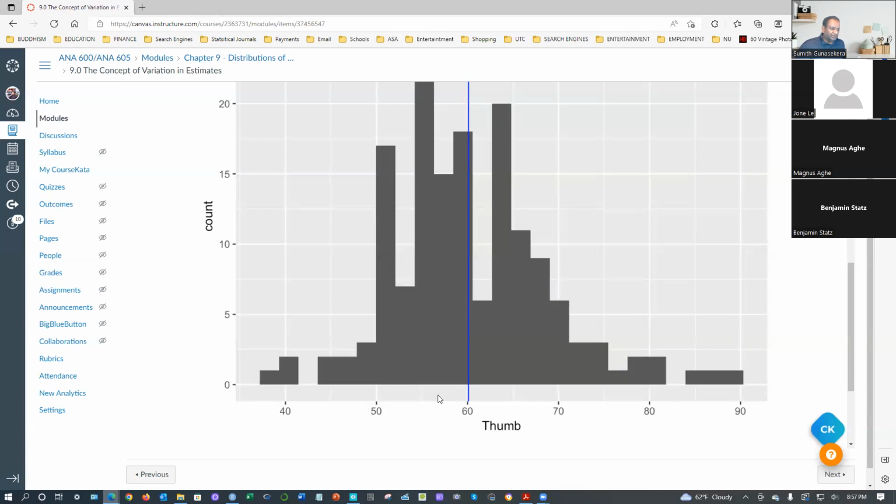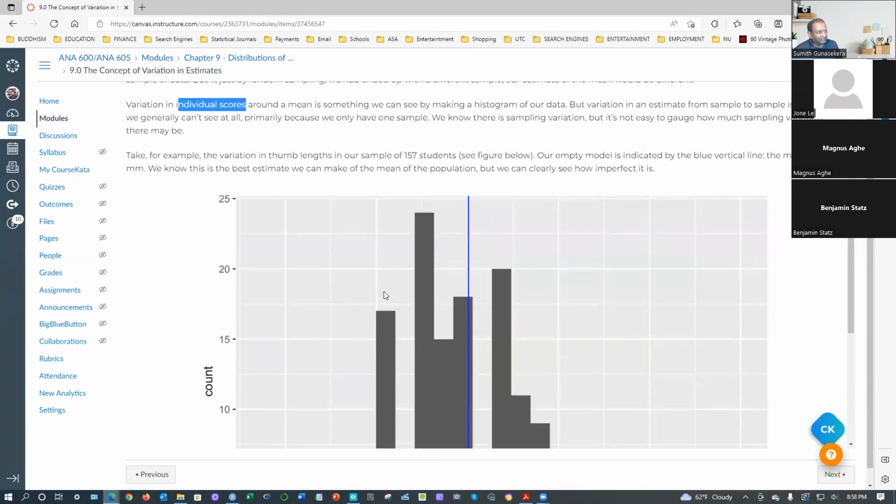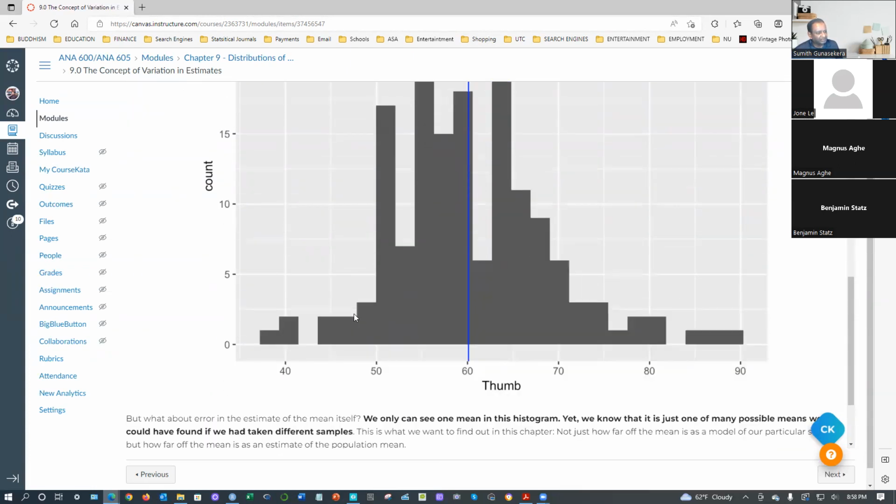We had that broader discussion. Why are we not going to pick the median? We did that discussion too. Then we can see how our data is spread out around this single value, individual scores only.